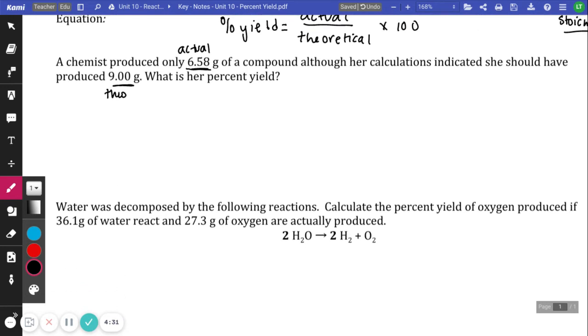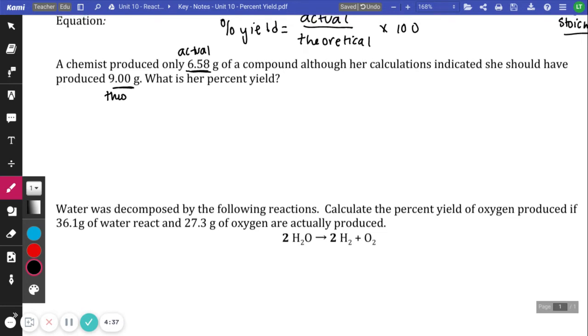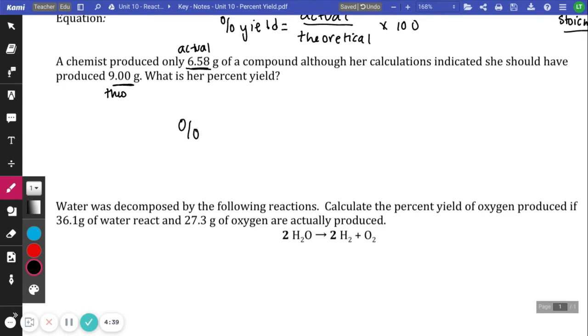Since we have our actual and our theoretical, we're now able to plug it into our equation and solve for our percent yield. So percent yield is equal to our actual, which would be 6.58 grams, over our theoretical, which is 9.0 grams, times 100.